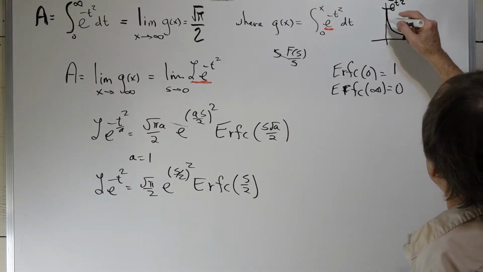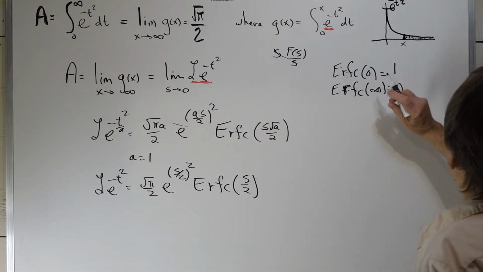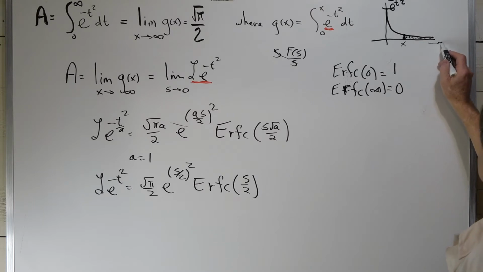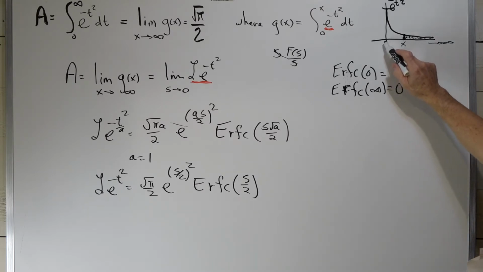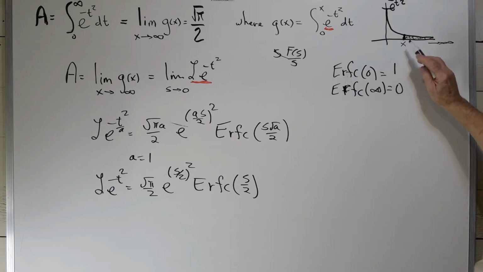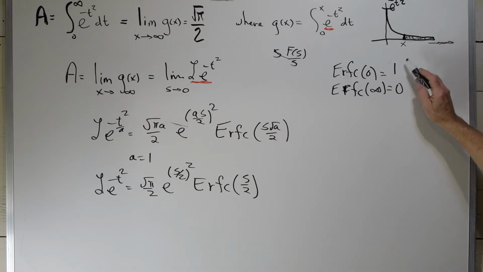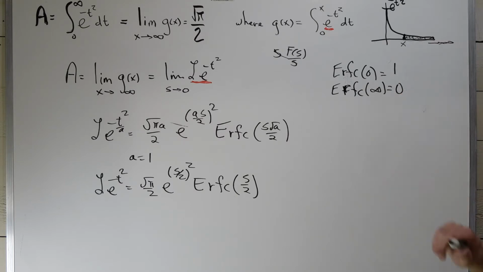The complementary error function is just the area on the tail of the function between 0 and infinity as we go out to infinity. So when x is 0, we're looking at all of the area under the curve, which gives us 1. And as x tends to infinity, there isn't any area left under the curve, so the complementary error function is 0 at x equals infinity.